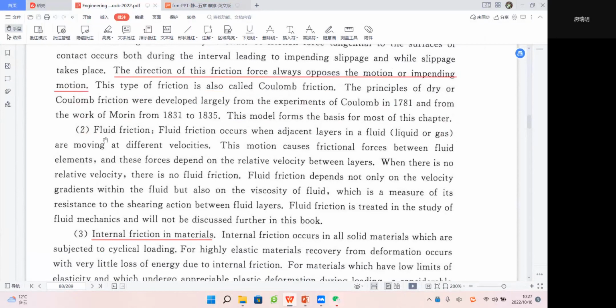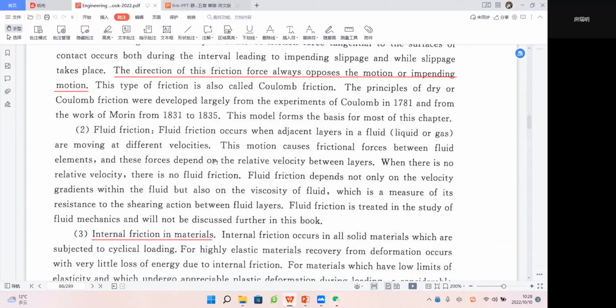But when we talk about fluid friction, it tells us the layers are moving at different velocities, right? These two bodies have a relative movement along the tangential line, right?